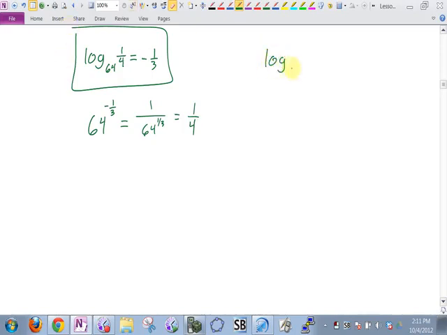What is the log base 2/3 of 81/16? The log base 2/3 of 81/16. Peter. 1/4? No, 4. 4? -4.